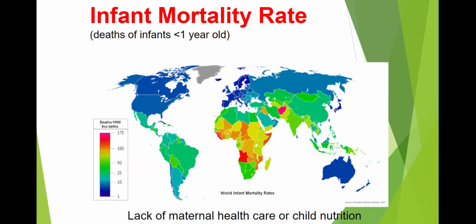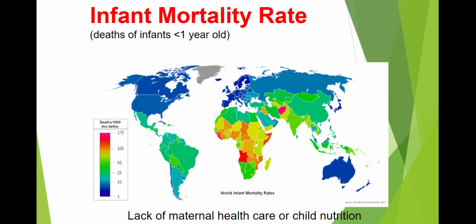It is very highly correlated with how many children people have, because people tend to have more children when they do not have the confidence that children will survive their first few years of birth. So again, you see high infant mortality rates are highly correlated to being in less developed parts of the world.